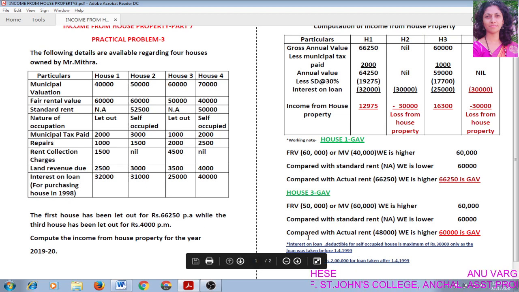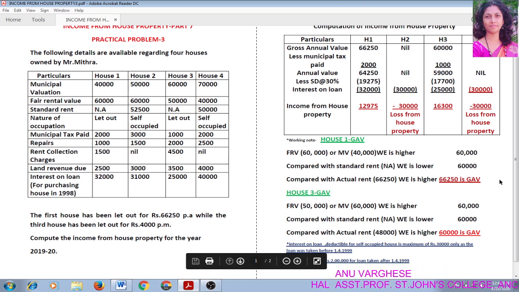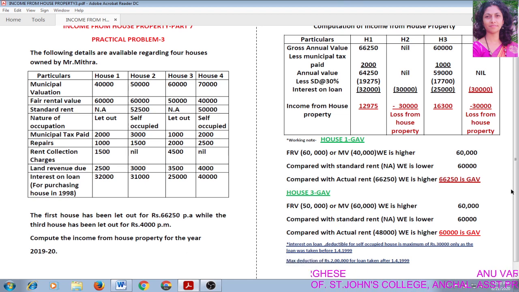Okay. So you have to remember one point: on loan taken before 1/4/1999, the maximum interest deductible is rupees 30,000, and in the case of loan taken on or after 1/4/1999, the maximum interest that you can deduct is rupees 2 lakhs.